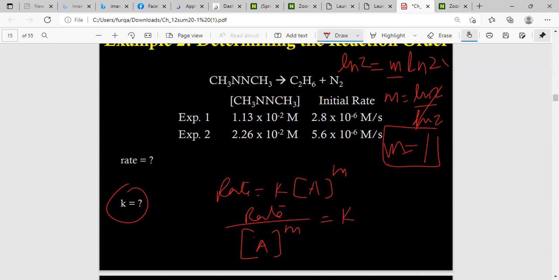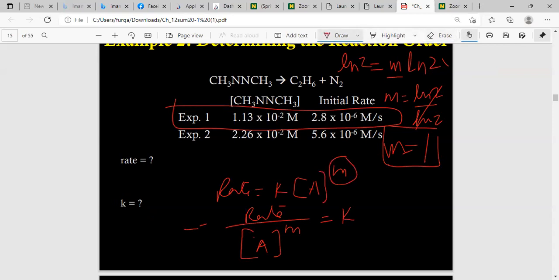Okay, so now I have this first experiment to go with as a standard. I'm going to use the information from here. What is the initial rate? Because I have already figured out the reaction order is just 1, I'm going to plug these numbers in.